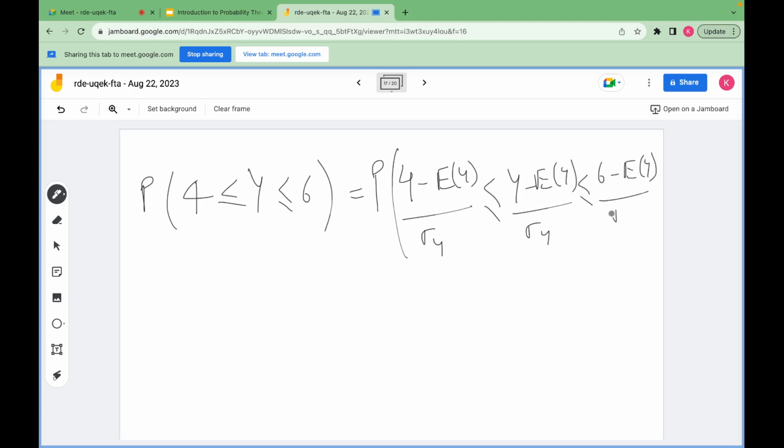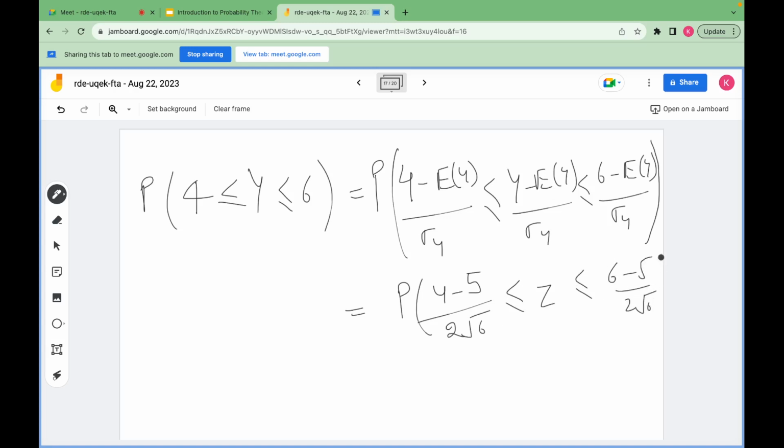We did some alteration on all sides, so this will be 4 minus expectation of y, which is 5, over sigma y, which is 2 root 6, up to 6 minus 5 by 2 root 6, with Z in between.